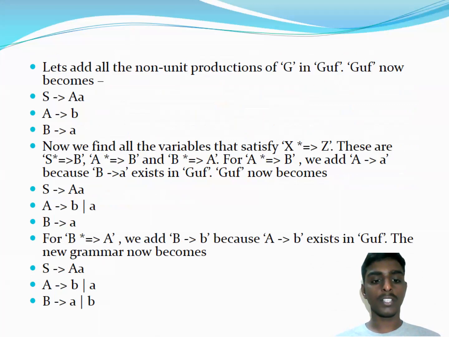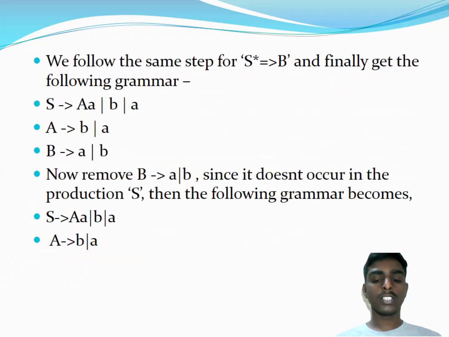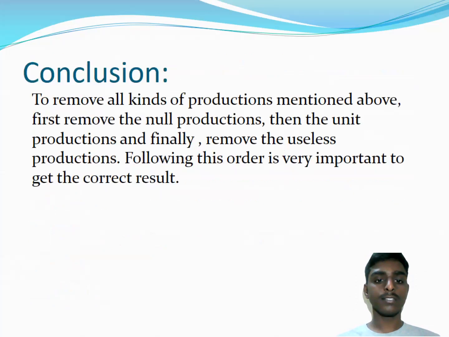The new grammar now becomes S tends to A / B, A tends to B / A. We follow the same steps for S tends to B and finally get the following grammar. Now remove B tends to B since it does not occur in the production of S. Then the following grammar becomes S tends to A / B / A, A tends to B / A.